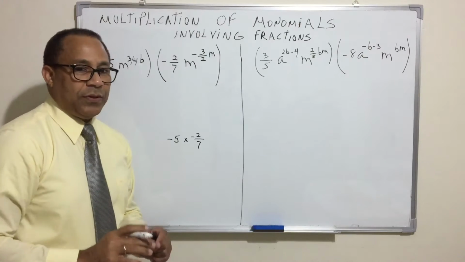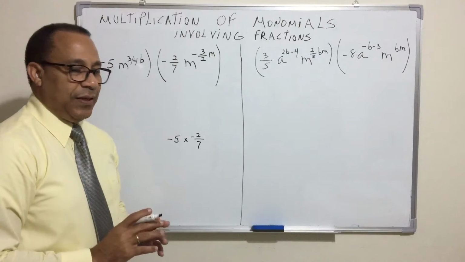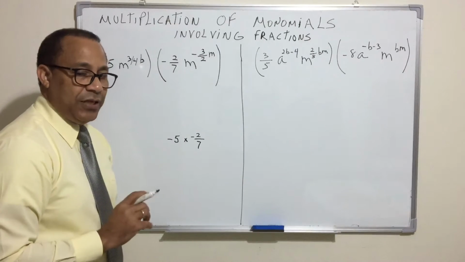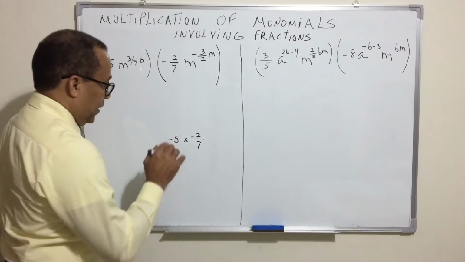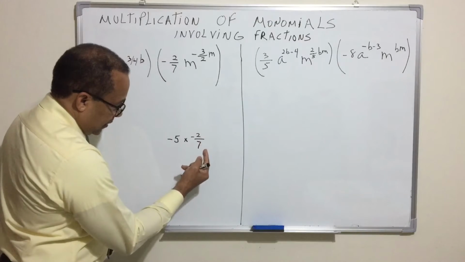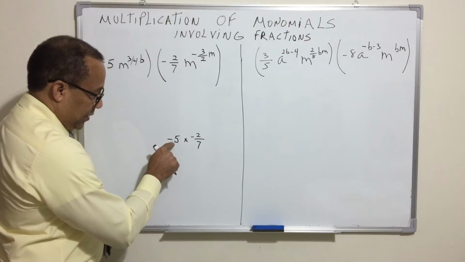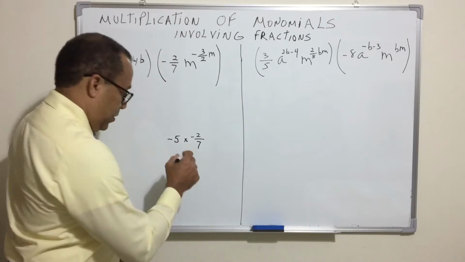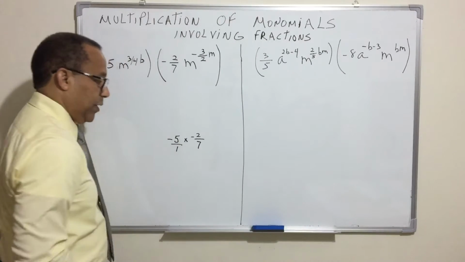The most important thing here is to understand that this negative 5 has a denominator. This is the numerator and this is the denominator. But this negative 5 does have a denominator. Yes. The number 1.